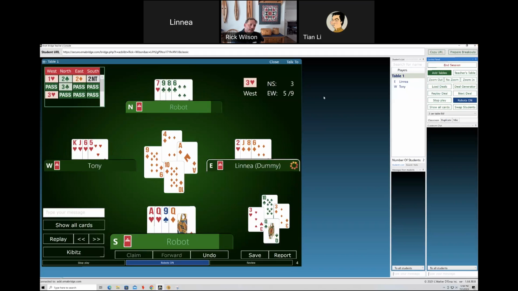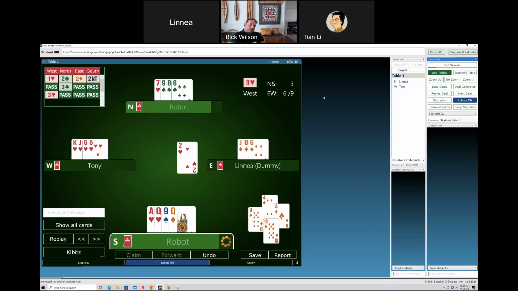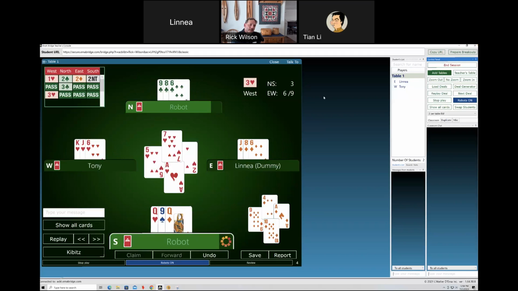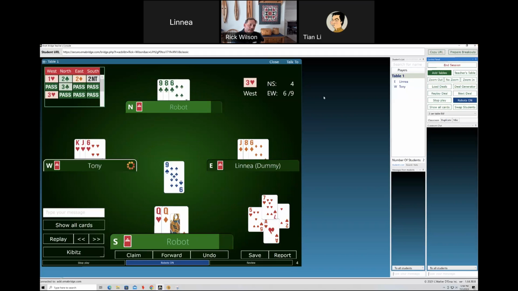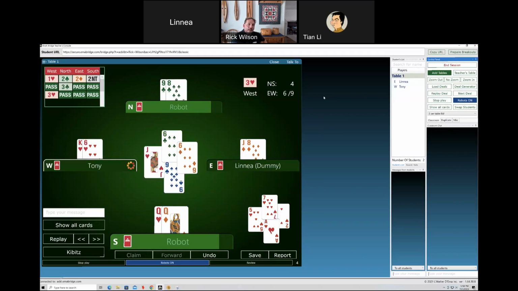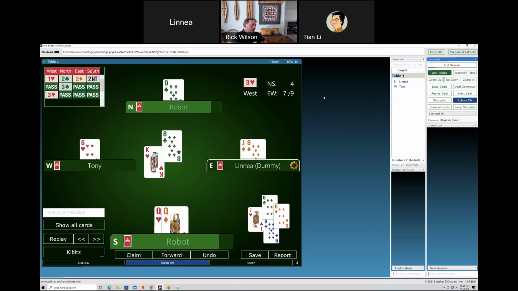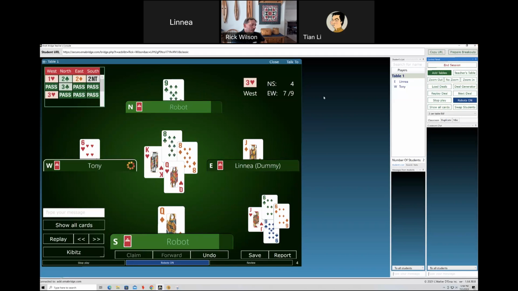I'll just keep thinking about the cases. If North is out of diamonds, which is quite possible, and if I give North a ruff, what's going to happen? Right, that is possible. But if you don't, you're going to give up a heart trick for sure, because you'll have to lead hearts out of your hand.